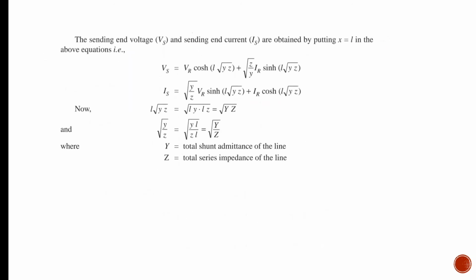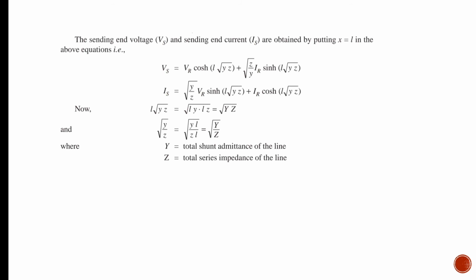Now the sending end voltage VS and sending end current IS are obtained by putting x equal to l in the equations. That is, VS is equal to VR cosh of l root of yz plus root of z by y IR sinh of l root of yz, and IS is obtained the same way.